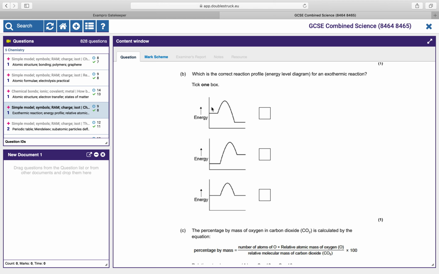So it starts off with this, and this is what you end up with. This is the only graph we can see which follows that. In that process, energy is being given off. So that one is the exothermic one. This one is endothermic, because the reactants must have taken in energy from the surroundings for the product to be at a higher energy level. So this is your endothermic reaction.